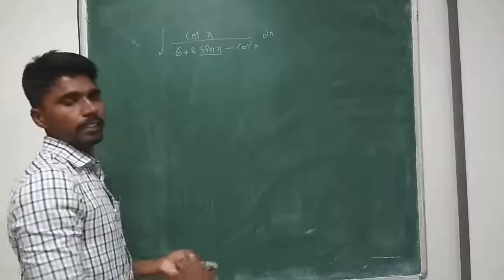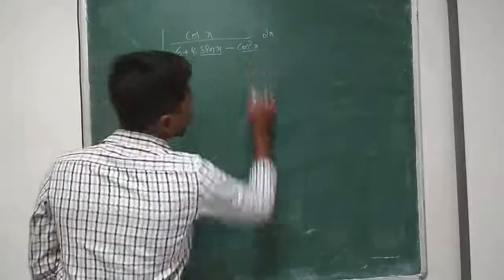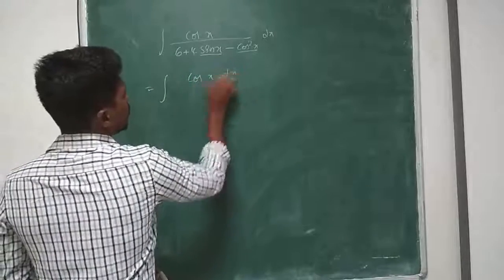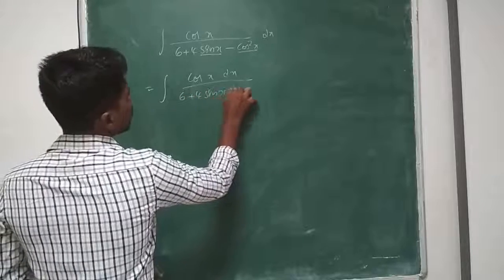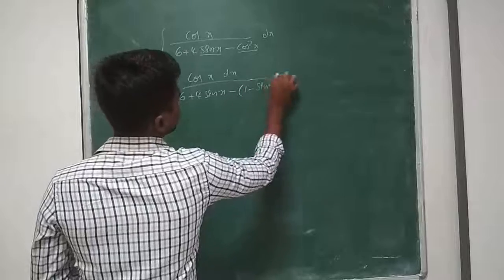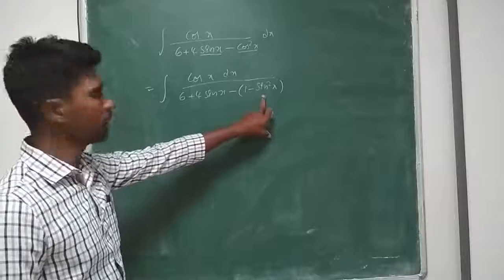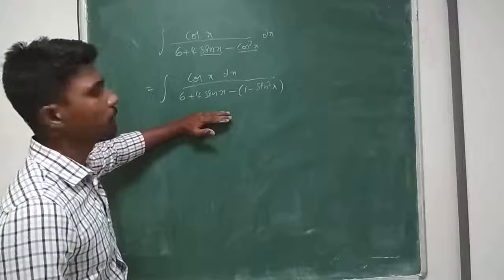If I want to write cos square x in terms of sin, I get 1 minus sin square x. So integral cos x dx by 6 plus 4 sin x minus of 1 minus sin square x. Now, yes, the entire thing is in the form of a quadratic expression, but the variable is sin x.